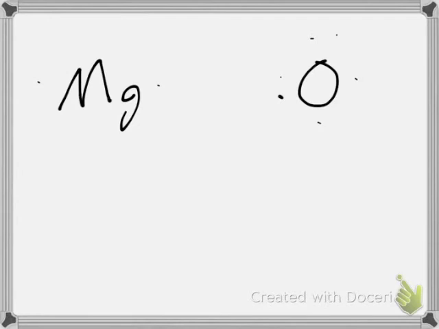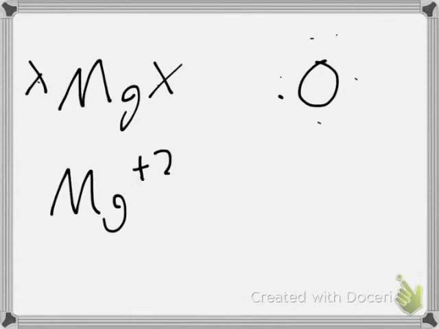The easiest way is for it to lose its 2 valence electrons. So it would lose these 2 electrons and become a magnesium cation with a +2 charge. The reason it has a +2 charge is because it lost both of its valence electrons.